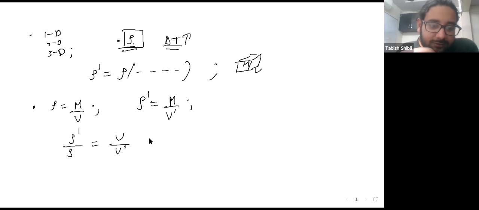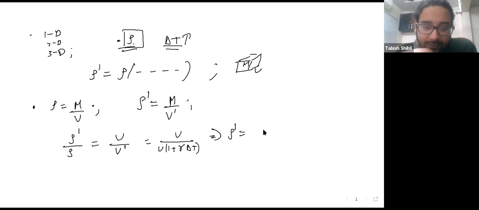So what is v by v dash? Well, v dash is just v times 1 plus gamma delta t. So this implies rho dash, the v cancels out, is equal to rho divided by 1 plus gamma delta t.